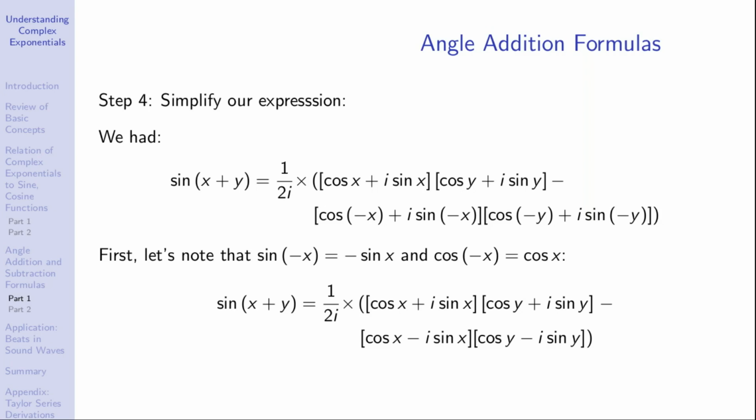So our expression becomes the following. Sine of x plus y is equal to 1 over 2i times the quantity cosine x plus i sine x times cosine y plus i sine y, minus the quantity cosine x minus i sine x times cosine y minus i sine y.